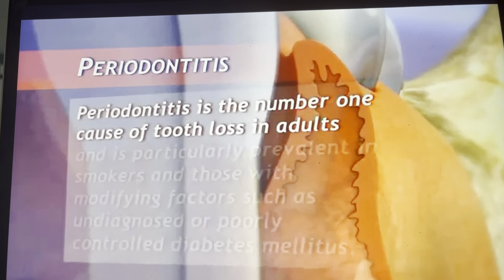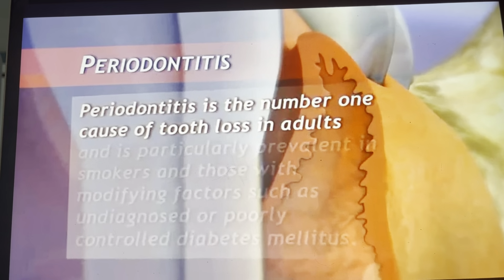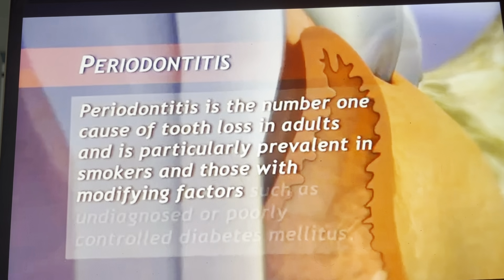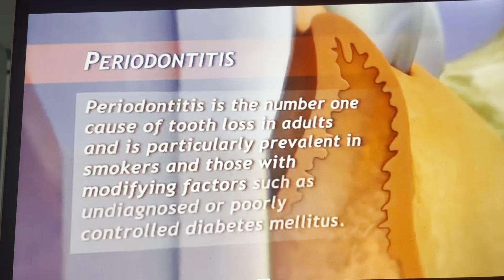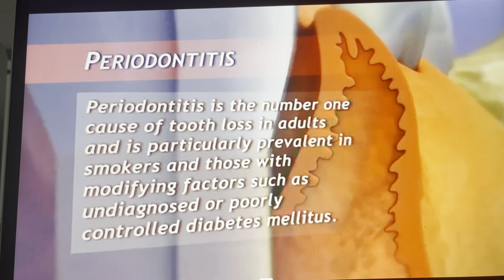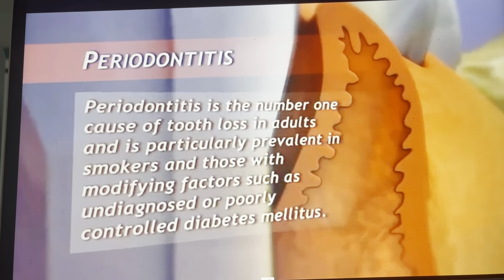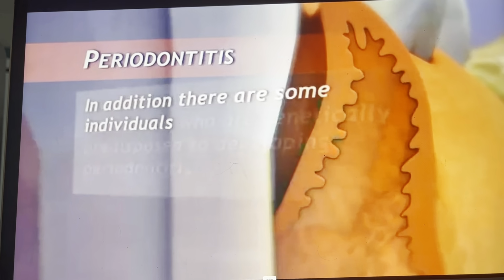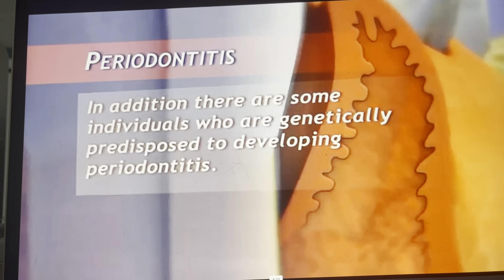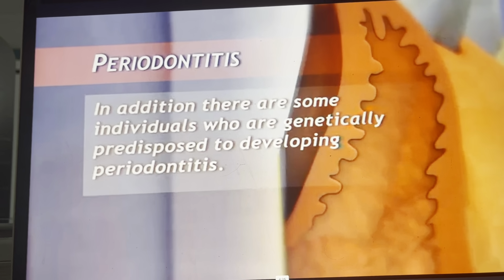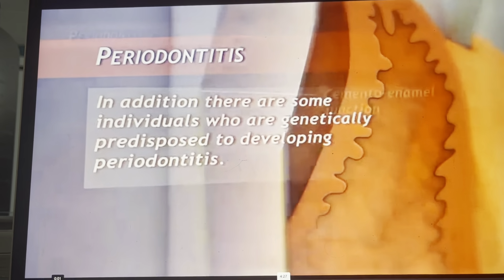Periodontitis is the number one cause of tooth loss in adults and is particularly prevalent in smokers and those with modifying factors, such as undiagnosed or poorly controlled diabetes mellitus. In addition, there are some individuals who are genetically predisposed to developing periodontitis.